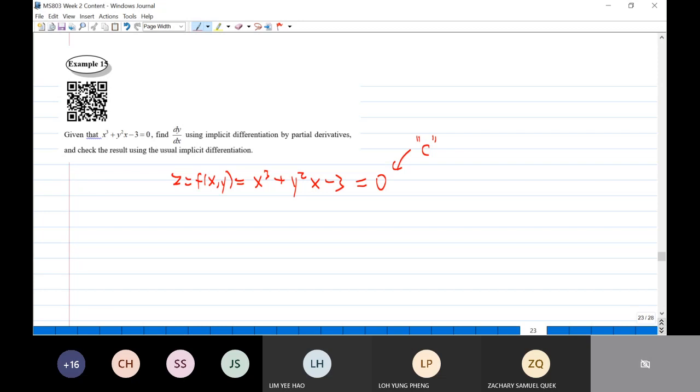I just want to make sure. Because it's supposed to be equal to 0 first, move 3 over. So this is c now.